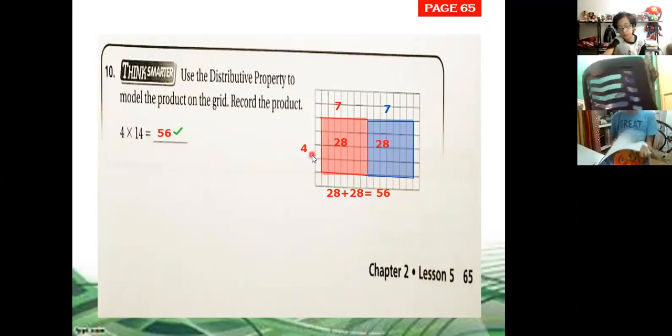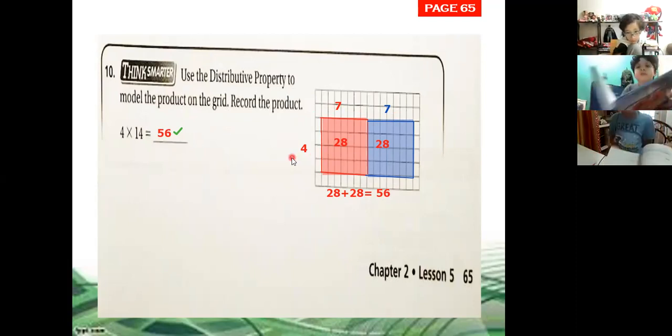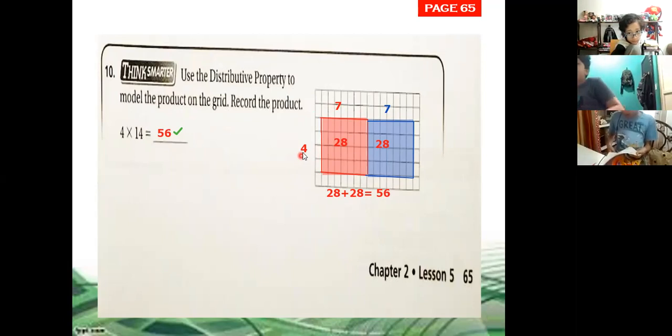We break this using the distributive property and set up the multiplication: 4 times 7 equals 28, and 4 times 7 is 28 in blue. Then, using the distributive property, after we get the products, we add 28 plus 28 equal to 56. So that is the answer of 4 times 14.